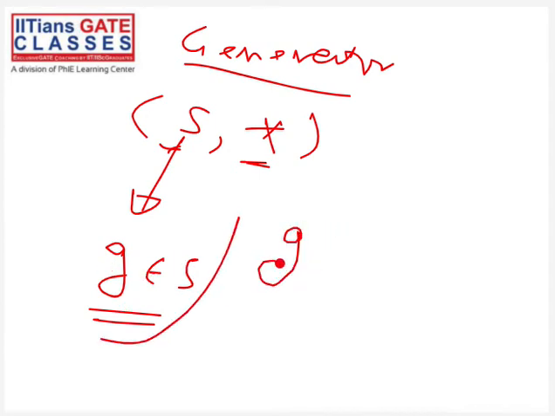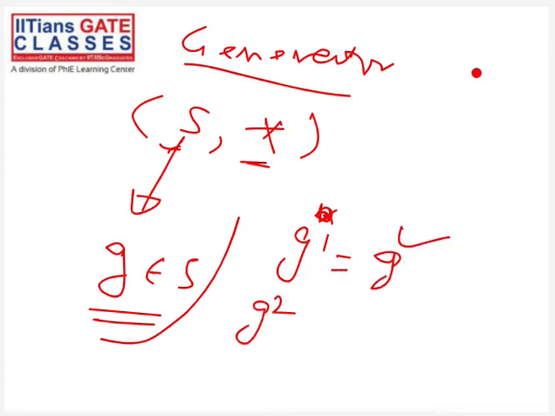This G is such an element that G power n can generate all the elements. If you do G power 1, then it will be G. If you do G power 2, remember that power will be defined like this: G square means G star G. This is how we will define power.